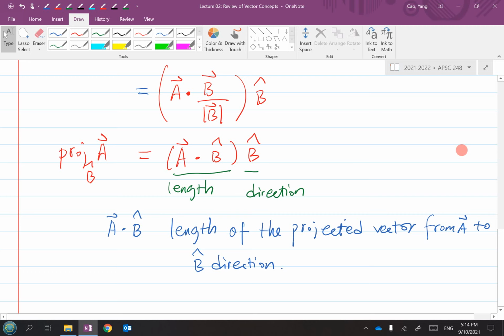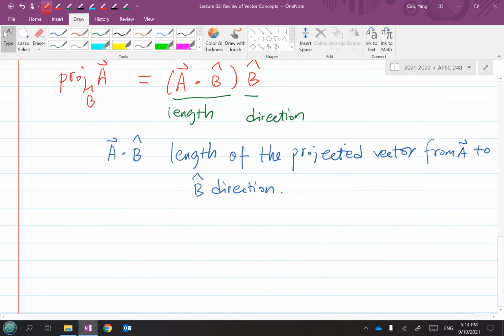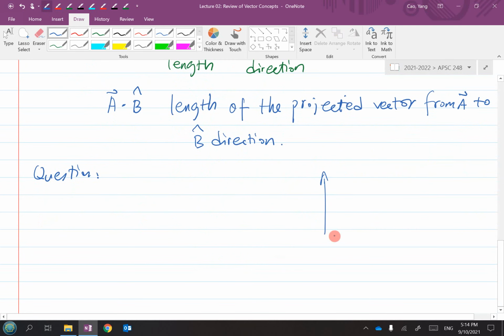Good? Let me ask a very quick question. If I do the Zoom, I'll do a multiple choice, but here I'm going to ask you to raise your hands. Suppose I'm going into a 3D space, X, Y, Z. Suppose this is a vector PQ here, and in the 3D space there's a direction given by U hat.